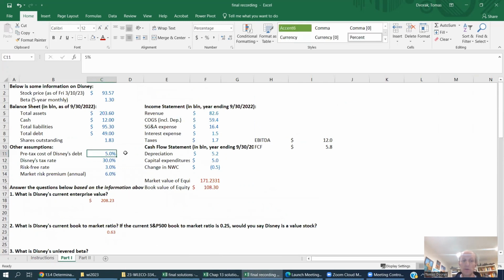So pre-tax, it's only 5%. Given their high tax rate of 30%, after tax, it's even lower. So there, the benefits of financing something through debt are pretty high, especially given that their beta is relatively high. So the gap between the cost of equity and cost of debt is pretty high. That makes debt financing that much more advantageous.